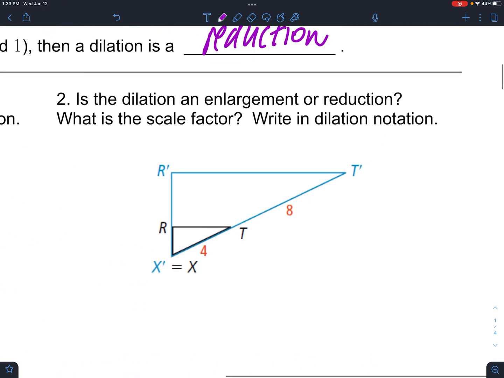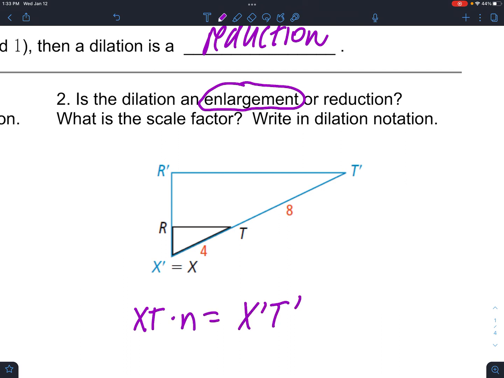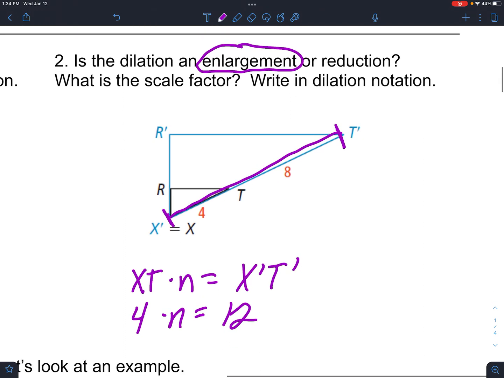Okay? So same thing here, black to blue, we see that that black triangle got a lot bigger. This is an enlargement. And for scale factor, again, look at how one side is changed by N. It was 4, and it became this whole length here, which is actually 12.